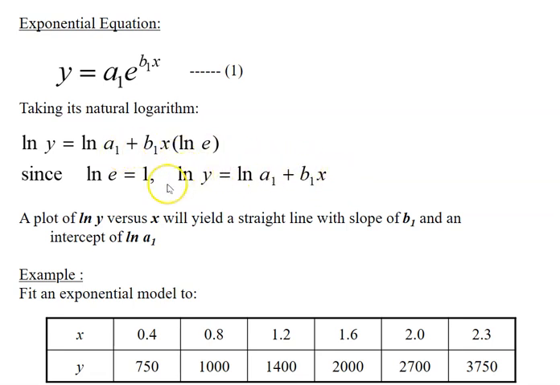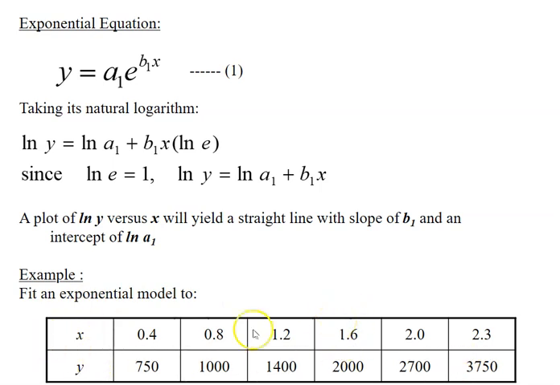If you look at this linear version, this is your x-axis and this is your y-axis, and b1 is the slope and ln a1 is the intercept. So a plot of ln y versus x will yield a straight line with slope b1 and intercept ln a1.